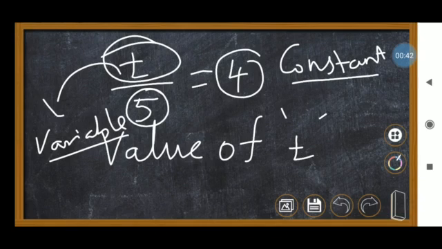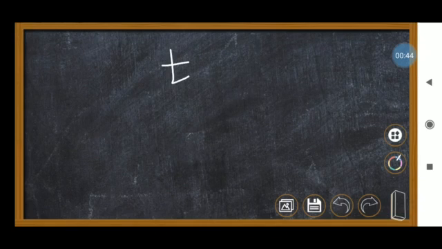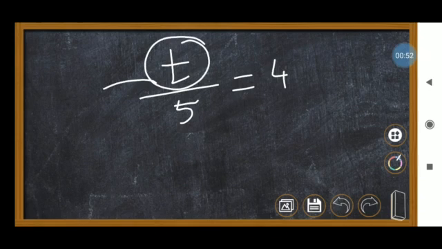So here how to do it? I'll say the simple step: t by 5 equal to 4. As I said previously, keep the variable on one side and the numbers on the other side. But what about the 5 here? 5 is in division, right? t divided by 5, so it's a denominator.